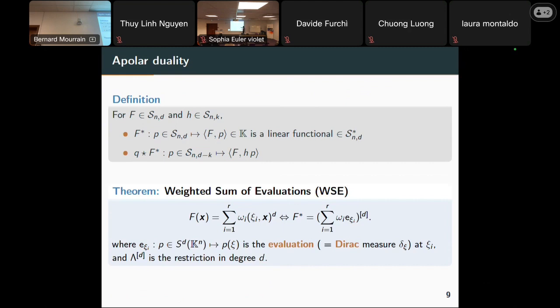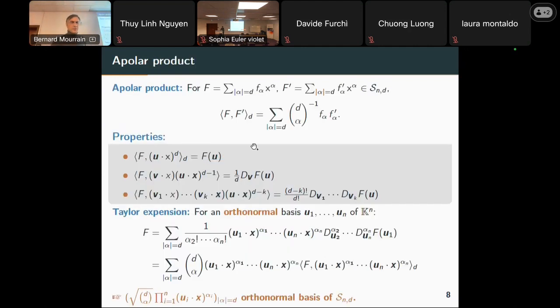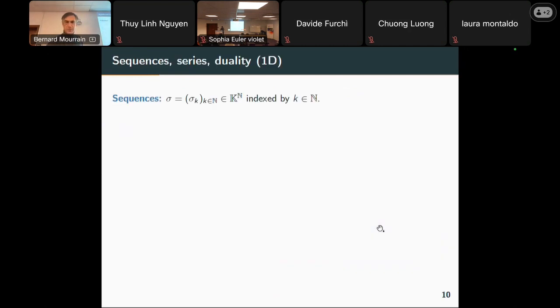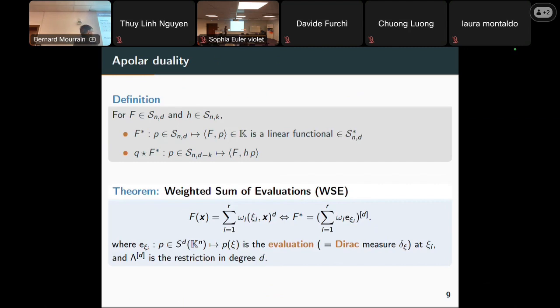We rephrase this definition and this property in this way: F star is a weighted sum of evaluations, a restriction to the polynomials of degree d.